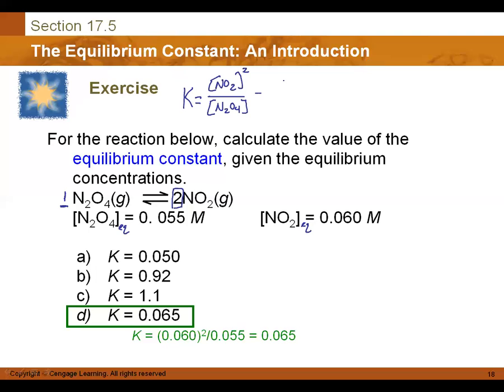Like it shows on the bottom, we would take our NO2 concentration at equilibrium and put it in, remembering to square it, divided by our equilibrium concentration of N2O4. Here again, we don't have to do anything with it because it's to the first power. So 0.06 squared divided by that gives us an equilibrium constant of 0.065, like it shows on the bottom.